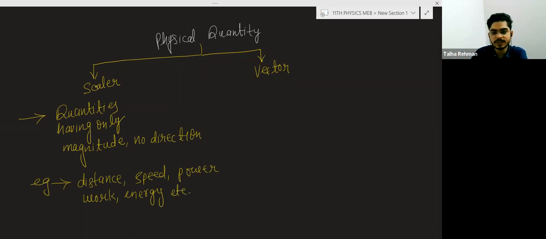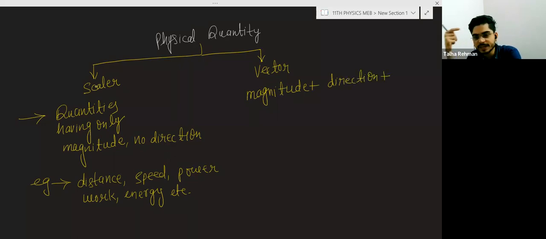Now the vector quantities. Vector quantities have magnitude plus direction, plus these vector quantities follow vector laws.